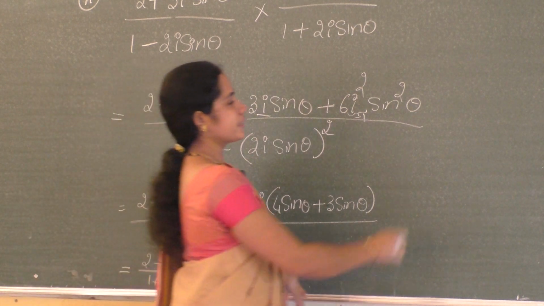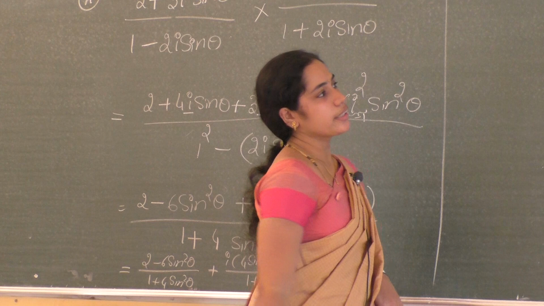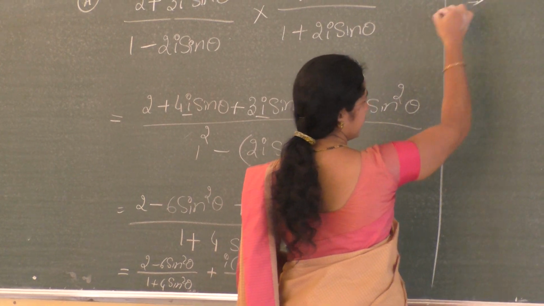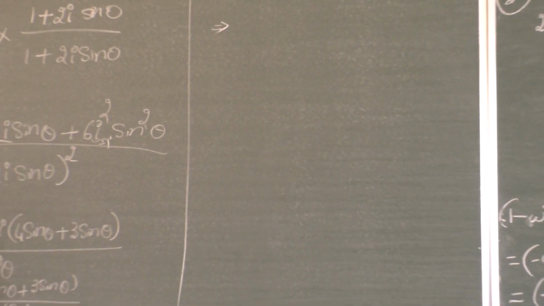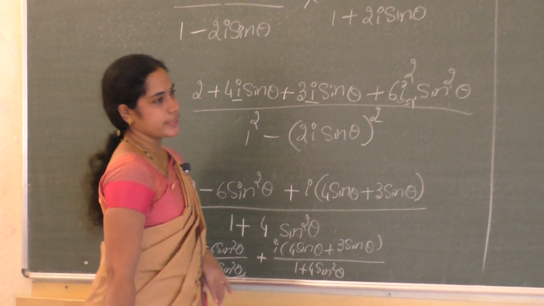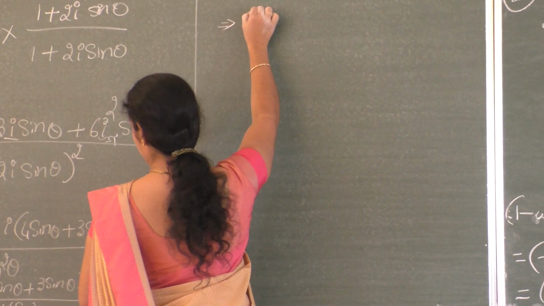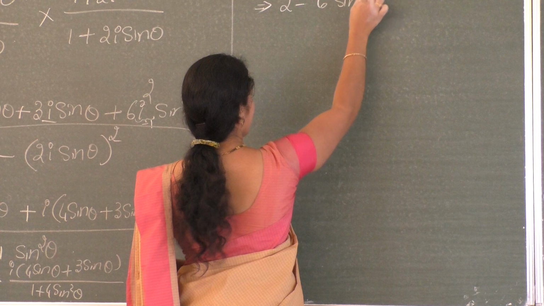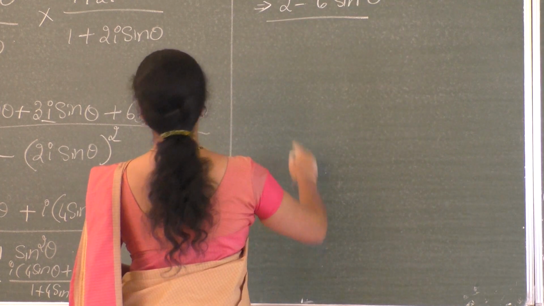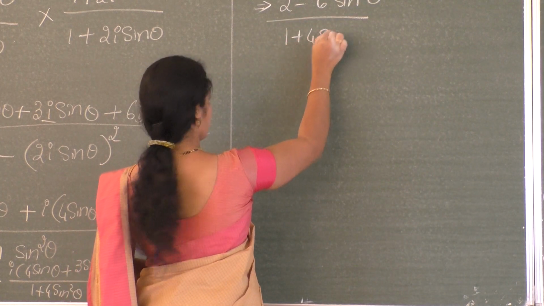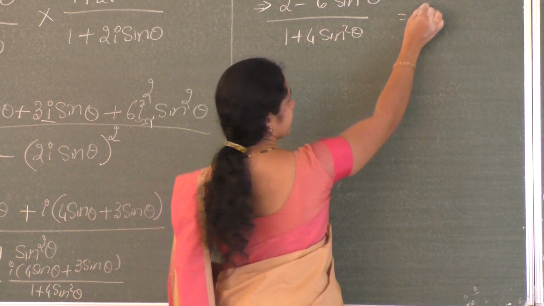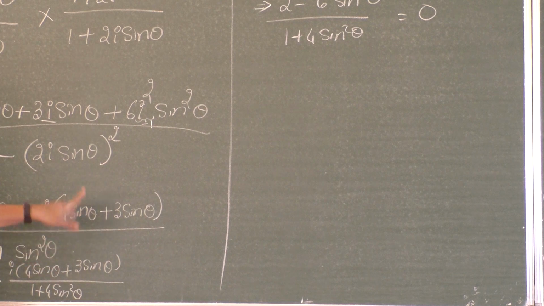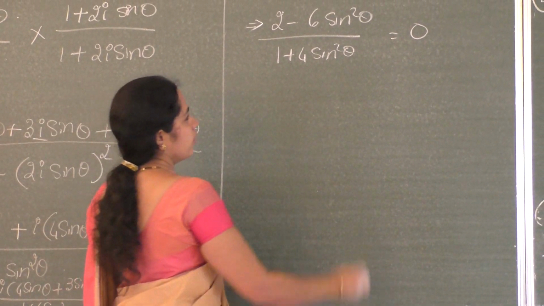In the question what is given? Given that the complex number is purely imaginary. If it is purely imaginary, what about the real part? The real part should be 0. So equate the real part: (2 minus 6 sin square theta) divided by (1 plus 4 sin square theta) should be 0, because in the question it is given that the complex number is purely imaginary.